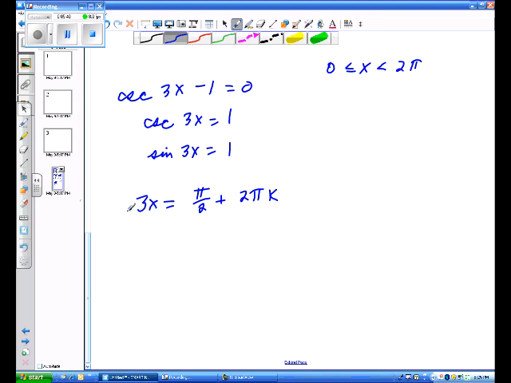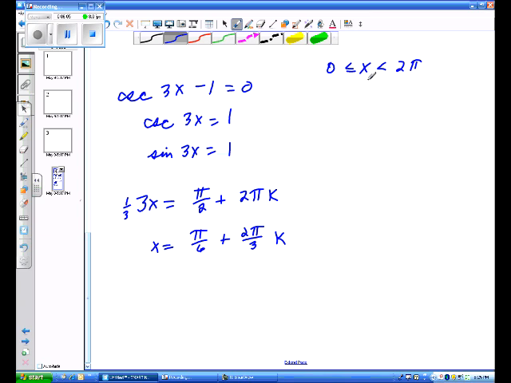Now we're going to divide by 3, which is the same as multiplying by 1/3. And that's going to be a little bit easier. So x would be 1/3 times this, which would be pi over 6, plus 1/3 of this, 2 pi over 3 k. That would give you all of your answers.